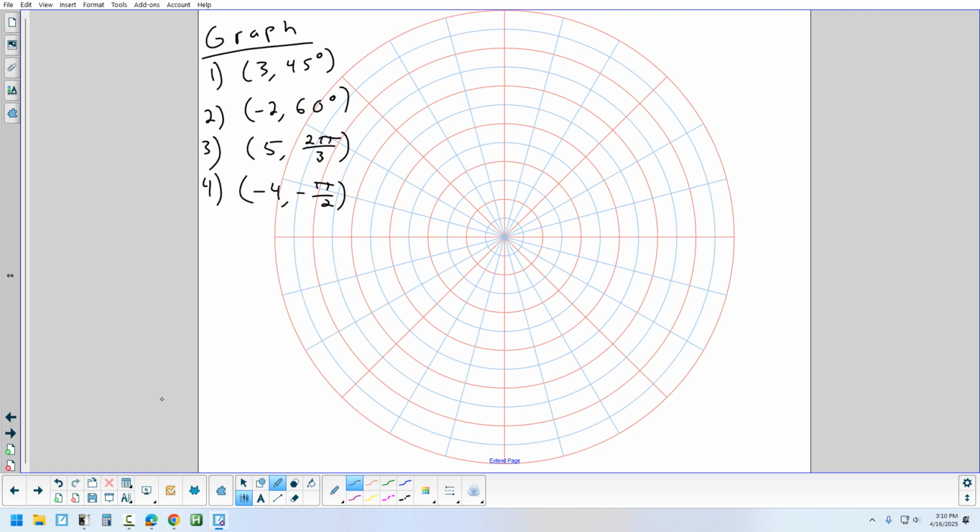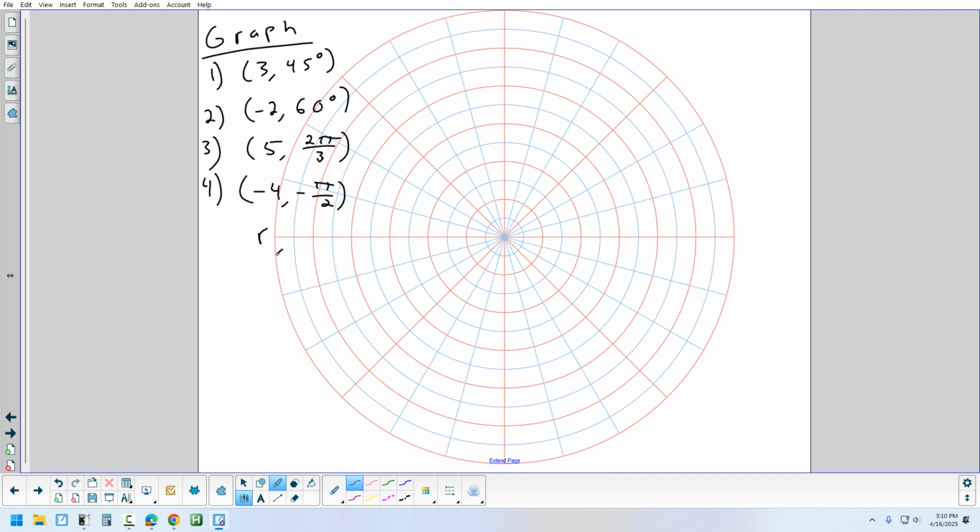When you graph a point in polar, what is the first number? Yep, the distance from the origin. And what's the letter we use to represent it? R. Yep, so your first one is R, and the second one is your angle. Aiden, do you remember the letter for that one? Delta? Not delta. That is a Greek letter, but not the one we use here.